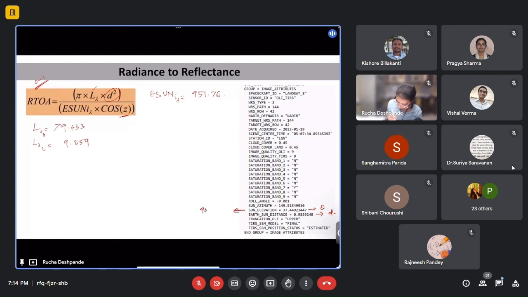So this is 90 minus 37.44923447. This sun elevation angle is this angle, and we need the angle with the zenith. So that's why we subtract it from 90.